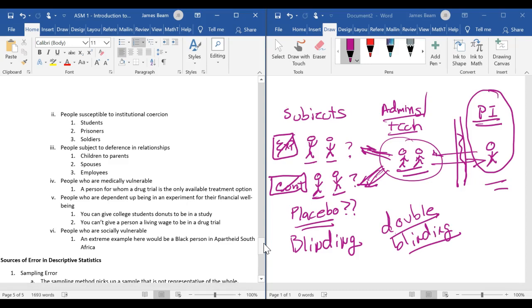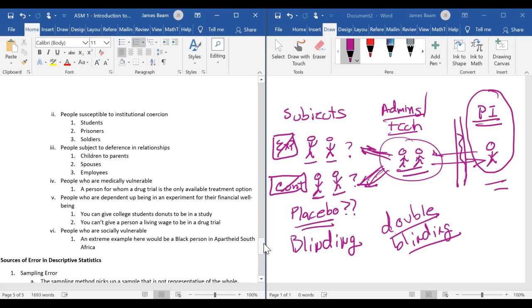People in deference relationships: you would never have a parent be the principal investigator for their own child. You definitely cannot have spousal relationships involved in an experiment. That's just not going to happen. Bosses experimenting on employees. Not a good situation because there's a deference situation there. So these are groups that you have to definitely safeguard their vulnerability.